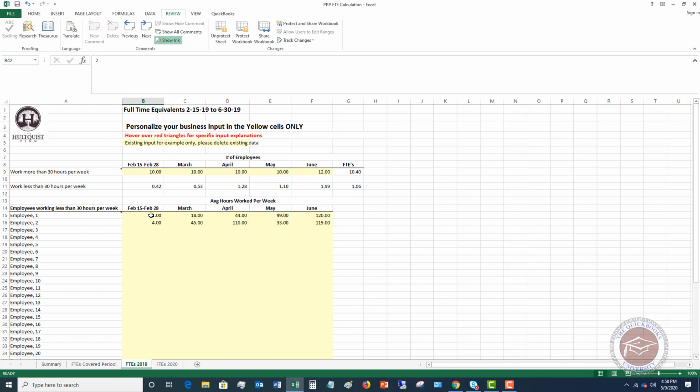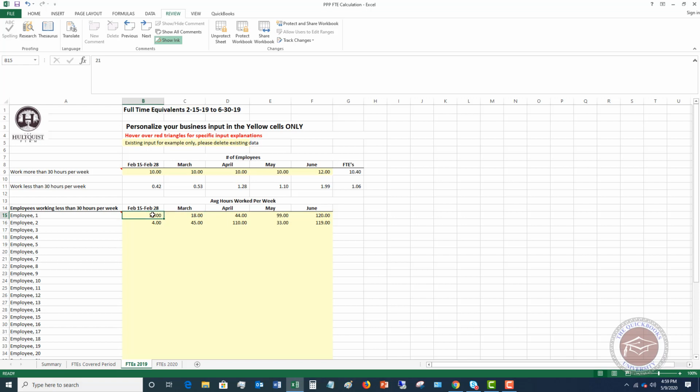Okay, this gets a little bit funky here because the first part of the time period is 2 weeks. So, and I've got this in the description here, for the month, you're going to say, did an employee work less than 120 hours? That's 30 hours per week. And you're going to put in the number of hours. So you say, this employee worked less than 120 hours in March, and then you put in the total number of hours they worked.